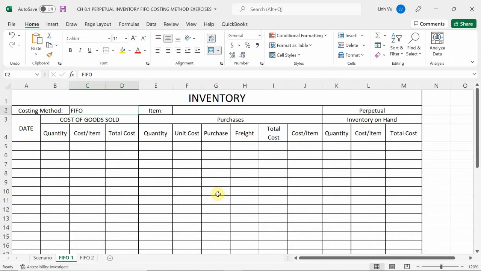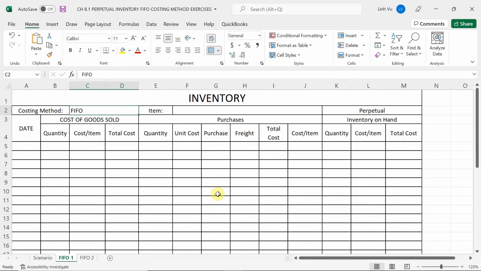How I want you to utilize this table is we are going to be working from left to right, meaning we're going to first look at the first column of cost of goods sold. Is our transaction something that we sold? If not, we move on to the next one, which is your purchasing. Did you purchase? Did you sell something? If you did, this is your workspace area for you to add up all your transactions.